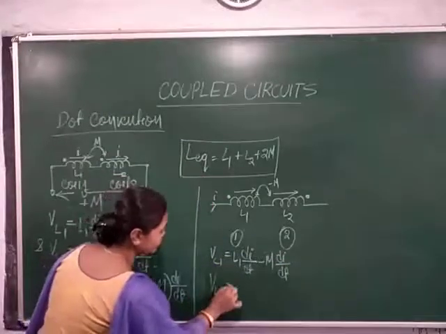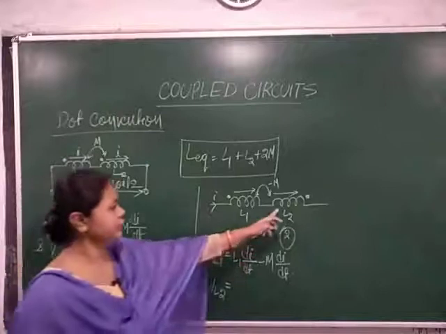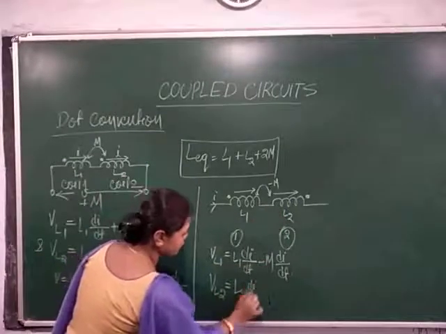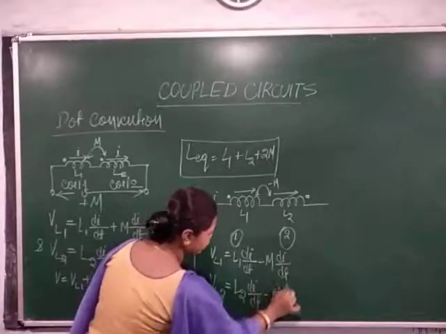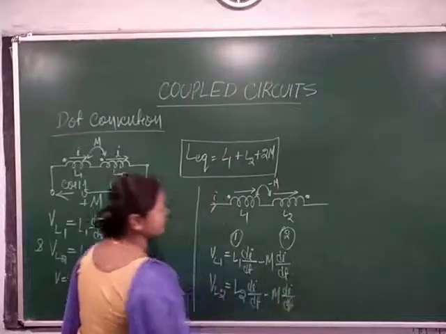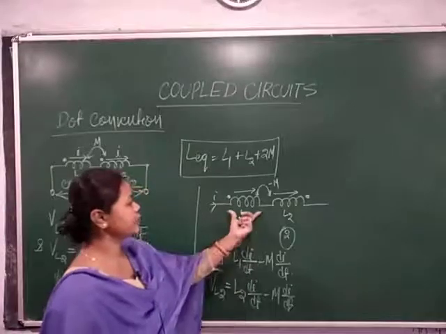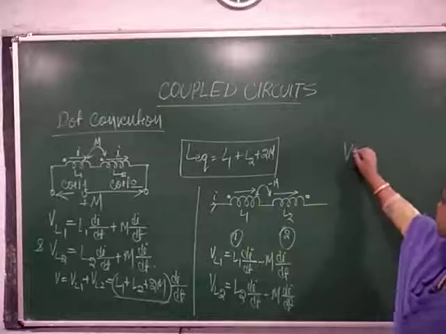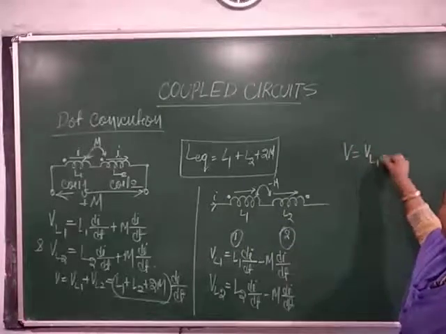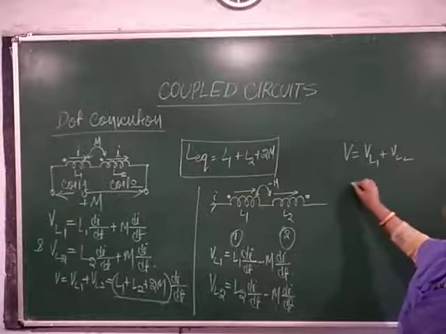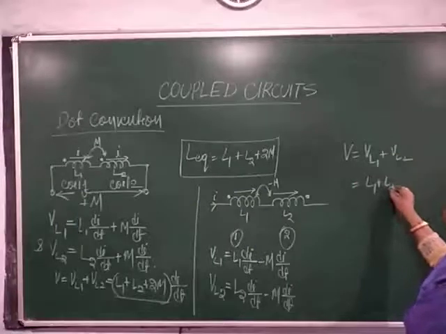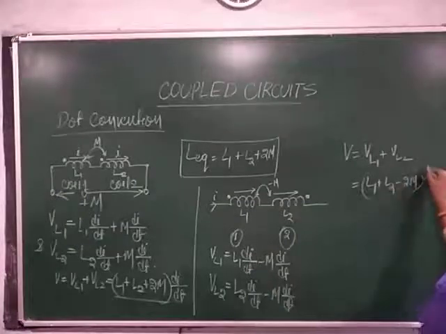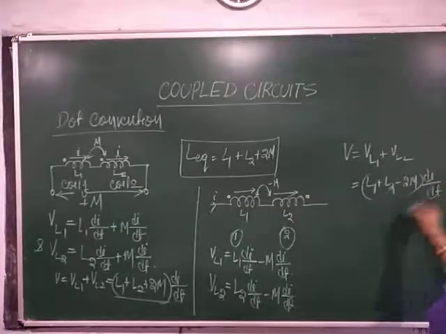Similarly, you derive the voltage induced in the second coil as L2 di by dt minus M di by dt. So the total voltage is the sum of these two voltages, which gives V equal to VL1 plus VL2, that is, L1 plus L2 and so on. If you add these two equations, you get the total expression in di by dt.